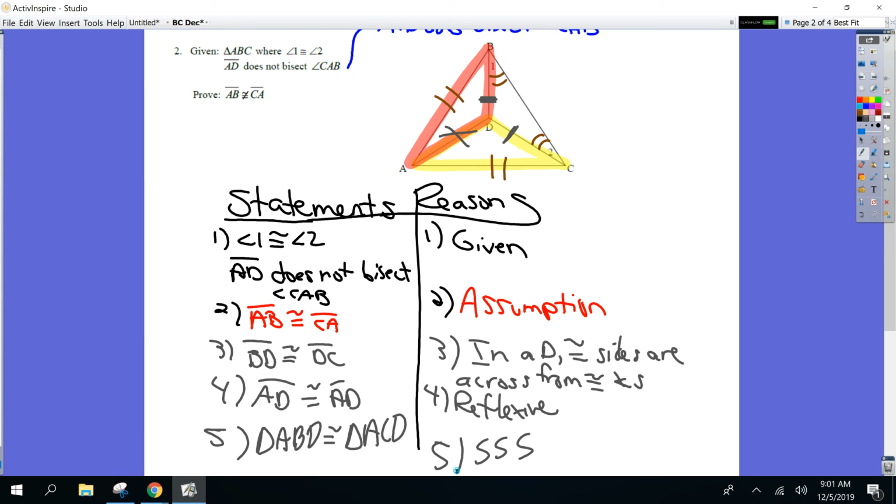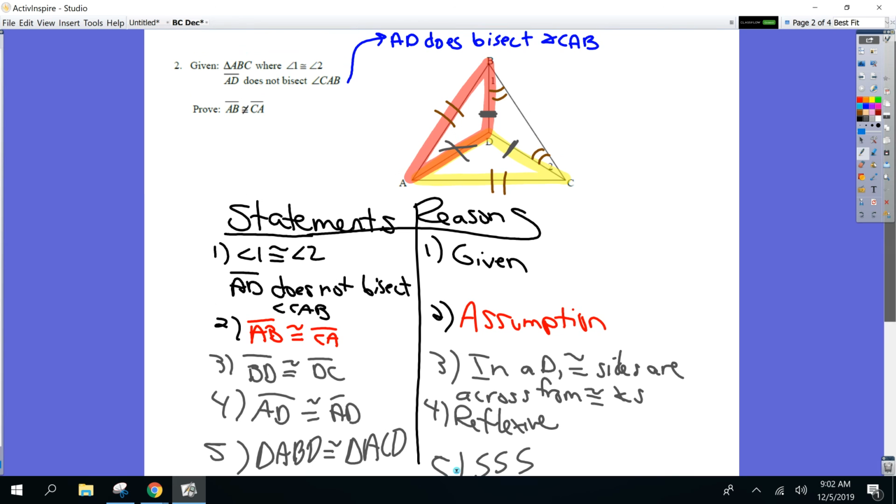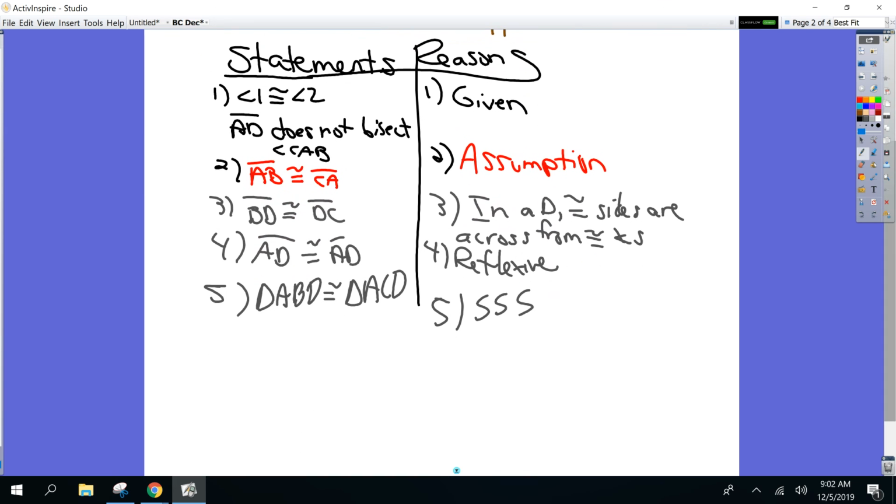Why were we proving those triangles to begin with? What was the purpose of proving those triangles congruent? To get angles BAD and CAD congruent. That is not my contradiction, though. That's not contradicted anything.